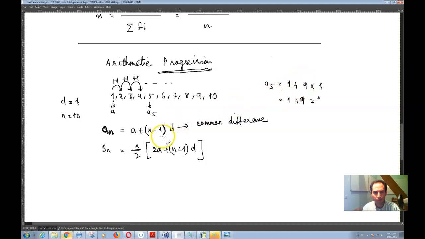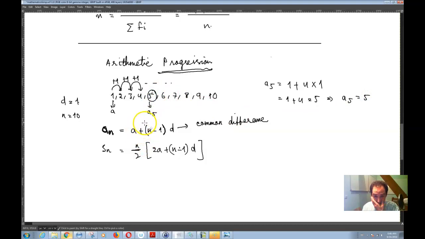Oh, there's something wrong here. Sorry, n is actually equal to 5 here. So a plus n minus 1 times d, a is equal to 1, and n minus 1 is 5 minus 1, which is 4, times d, which is equal to 1 here, because your common difference is 1. So that's equal to 1 plus 4, which is equal to 5. That means that a of 5 is equal to 5, which is actually 5 here.